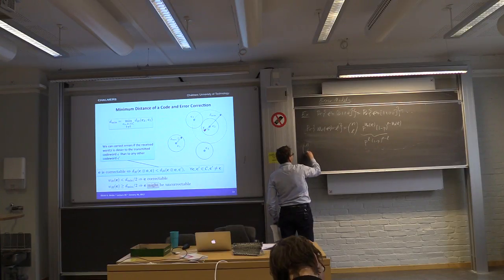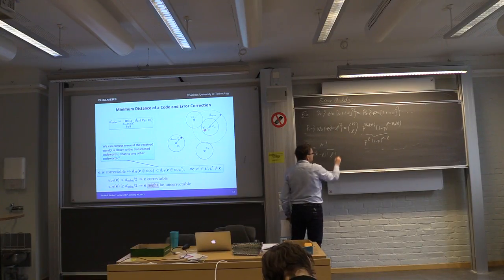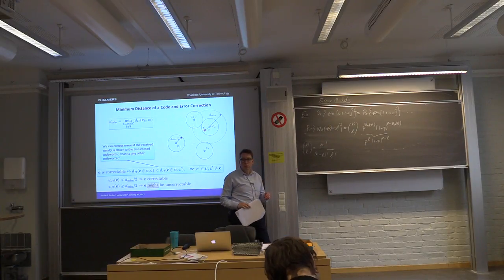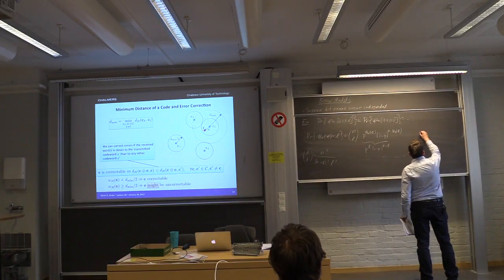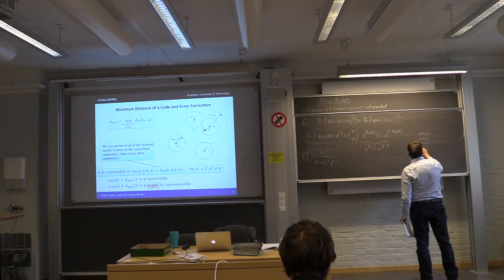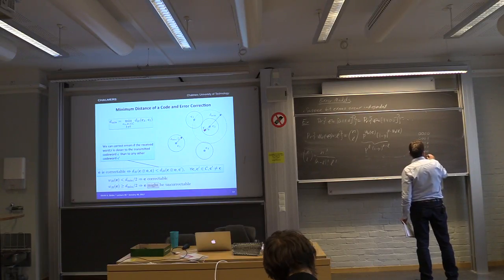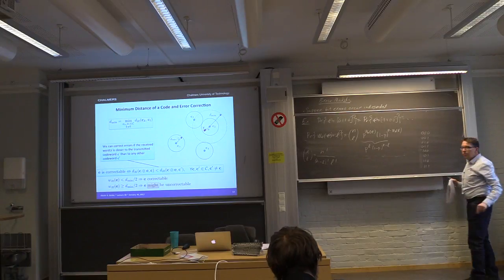Where n choose L is n factorial over n minus L factorial times L factorial. It's the binomial coefficient, right? So for instance, if we have 4-bit patterns here, let's go 3-bit patterns here.